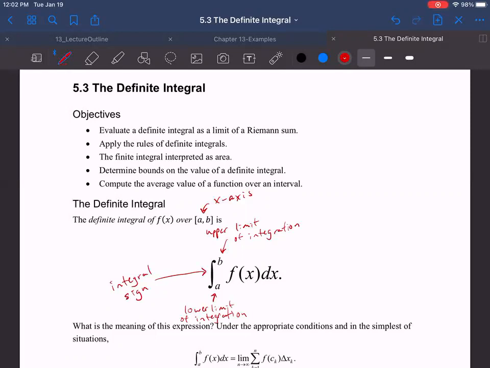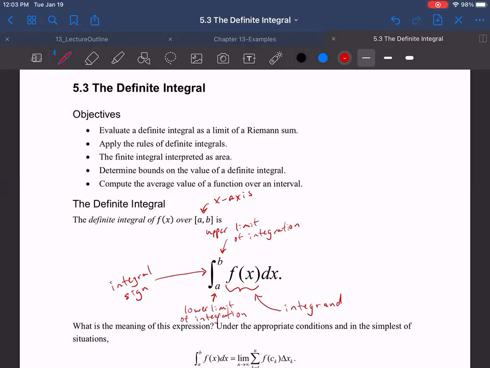Okay, then we have our integrand. This is your integrand, f of x.